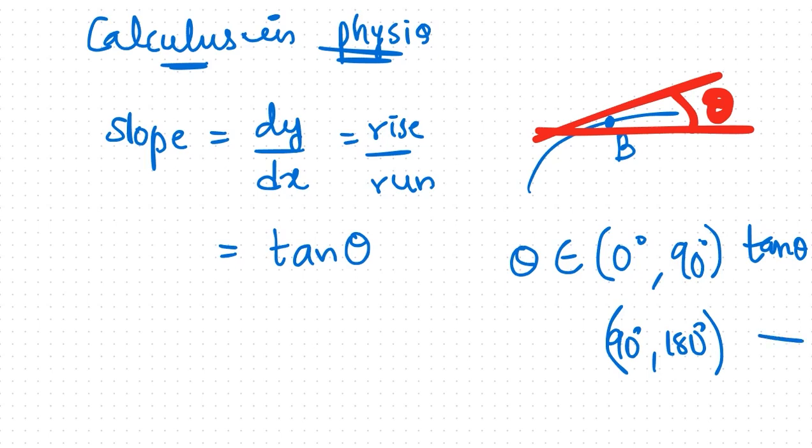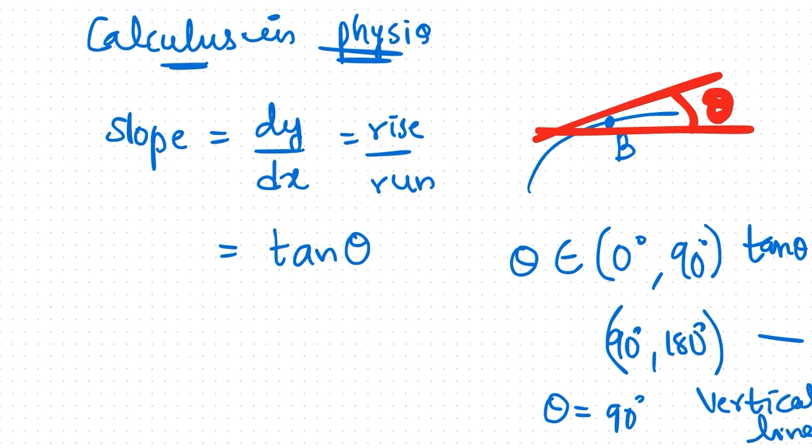And exactly at 90, what is happening? Tan 90 is infinite, so it's a vertical line. 90 degrees means maximum slope.